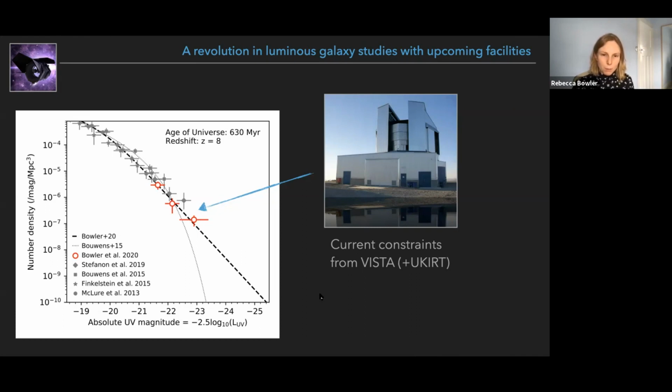So what do we get if we use these new surveys in the next few years? Well, unsurprisingly, it depends on what happens to the luminosity function. Does it continue, like I've hypothesized, as a power law type thing that's a bit more like the dark matter, or is there this sharp cutoff that we see at low redshift?